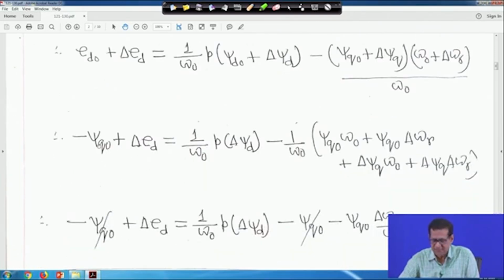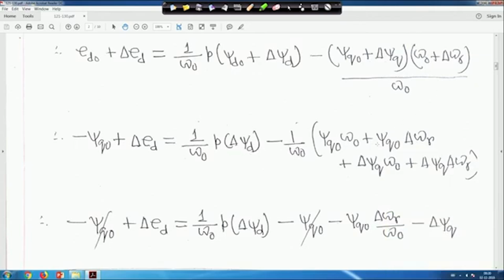then straightforwardly we can write minus psi q 0 plus delta ED. Between steps 1 and 2 you do it yourself, then some time will be saved for me. It is equal to 1 upon omega 0 p delta psi d minus 1 upon omega 0, you multiply all and simplify, it will be psi q 0 omega 0 plus psi q 0 delta omega r plus delta psi q omega 0 plus delta psi q delta omega r.